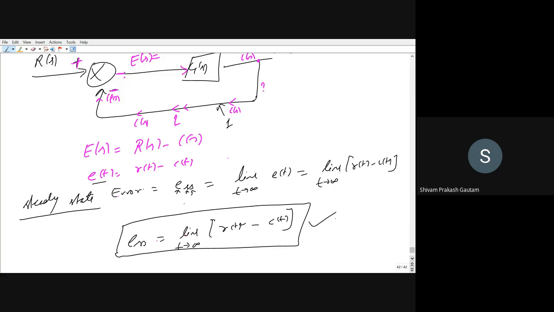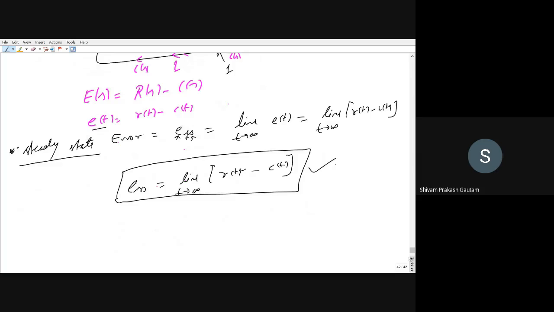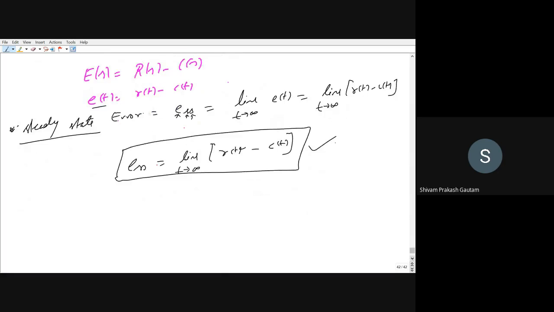Okay, should we move forward? Yes, sir. Okay, so this is steady state error. This is how you can calculate it in time domain. If you want to calculate in frequency domain, there is the final value theorem. You can also calculate by the final value theorem.